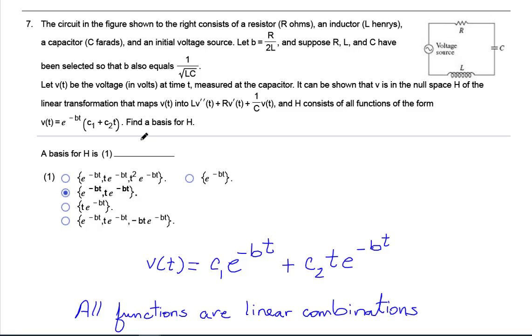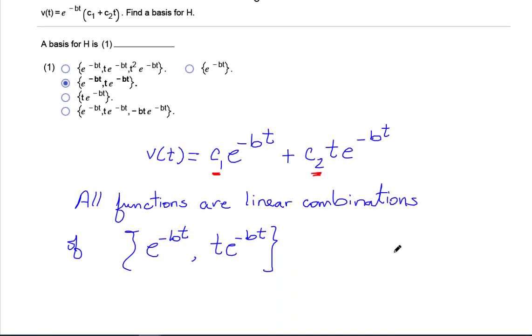And so if you spread this out, you see that v of t is a linear combination, c1 and c2, of these two particular function sets. And so they do form a basis for all voltage solutions for this problem.